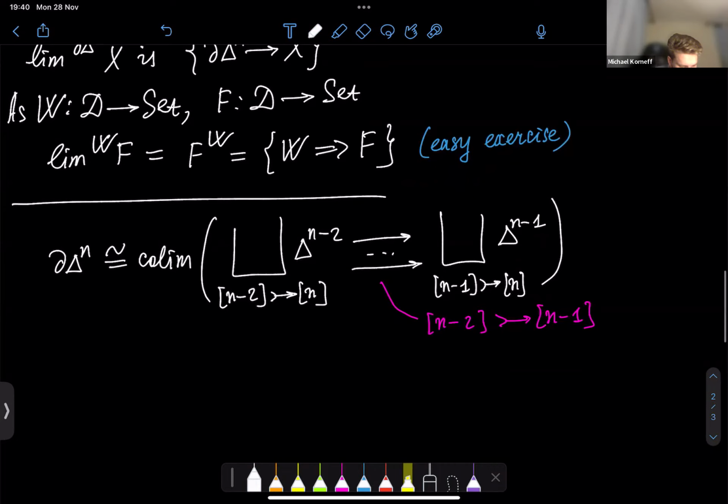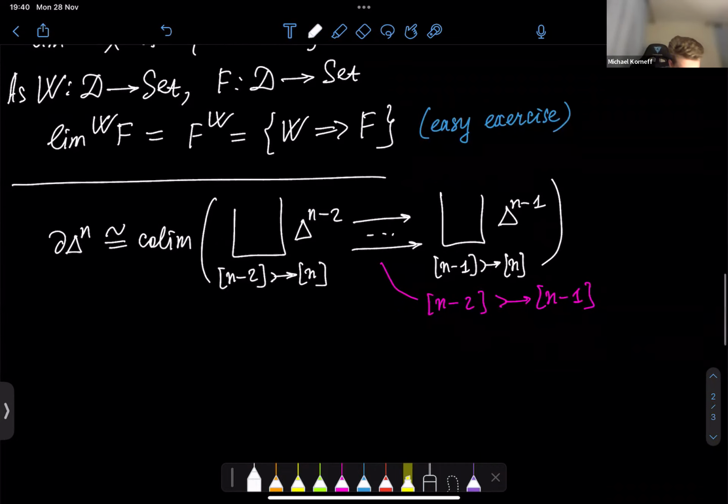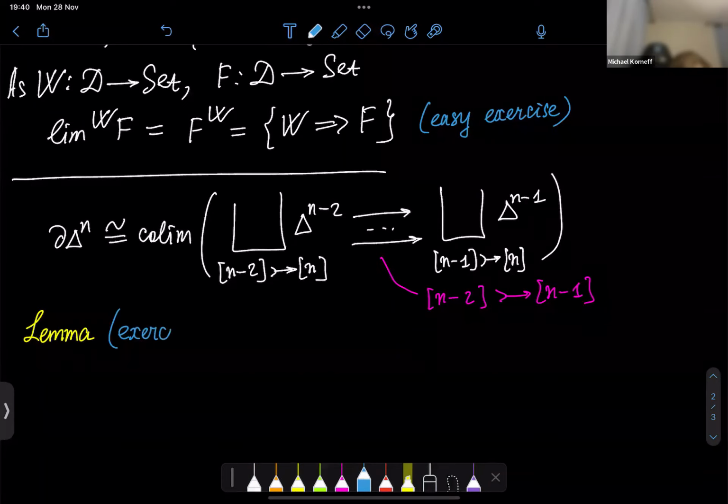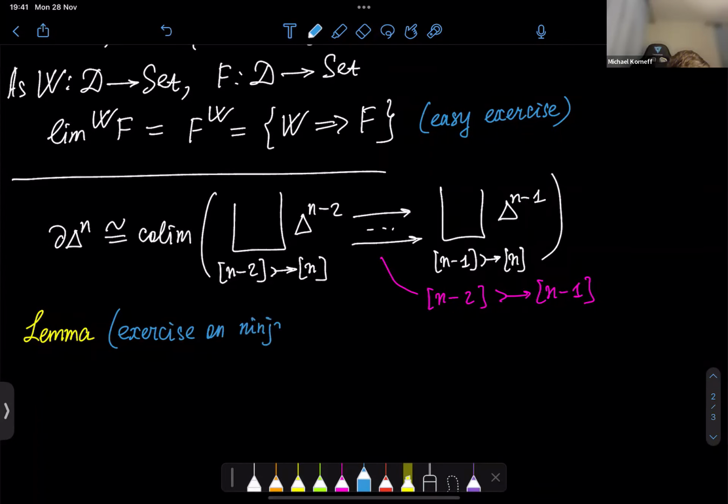Okay, and I will use the following lemma, which is an exercise on the Ninja Yoneda lemma.